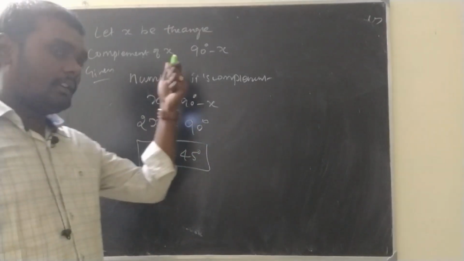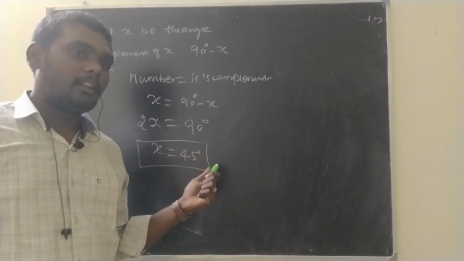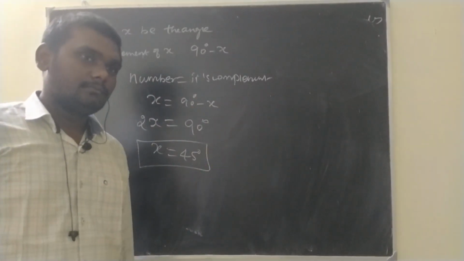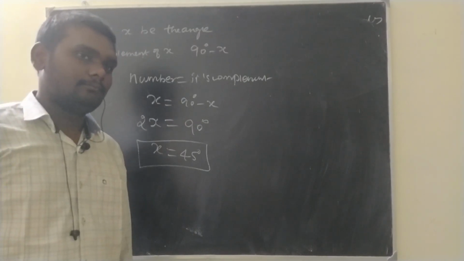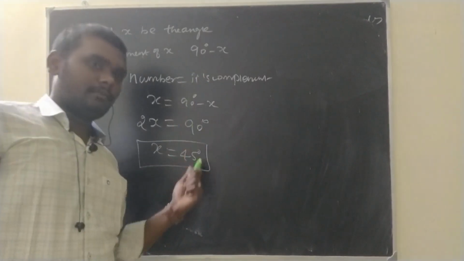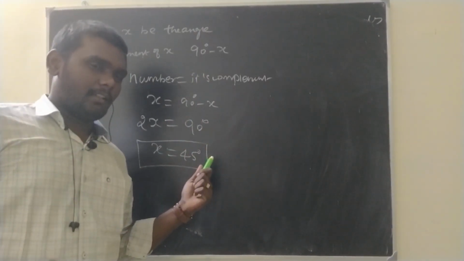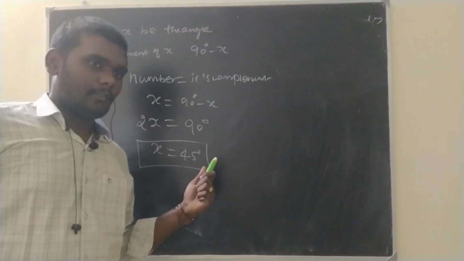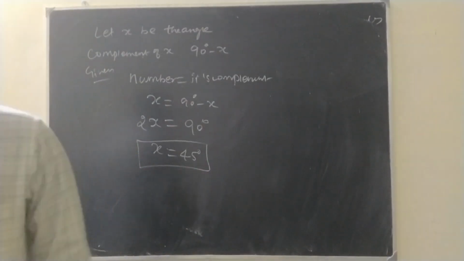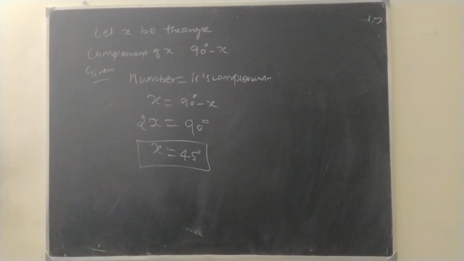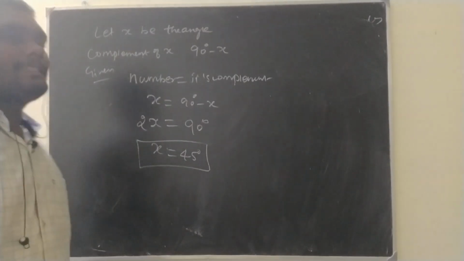Is that way different than telling the answer directly, 45 degree? It is the same manner you did: x equals 90 minus x. Then that is good, perfect. The same way, find the angle which is equal to its supplement.